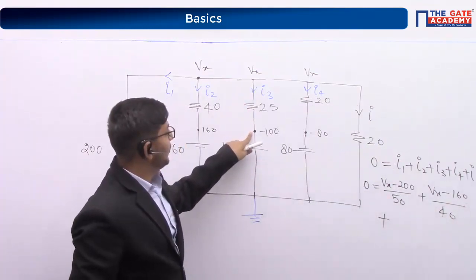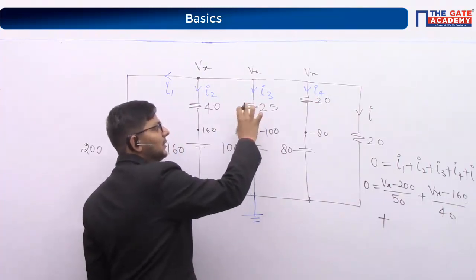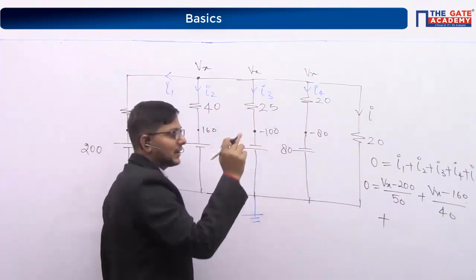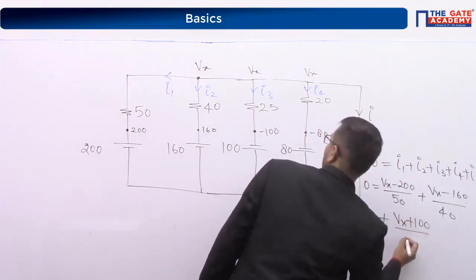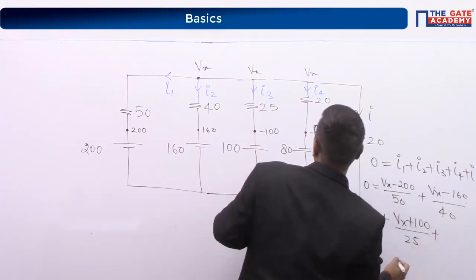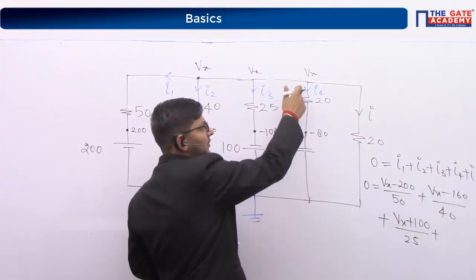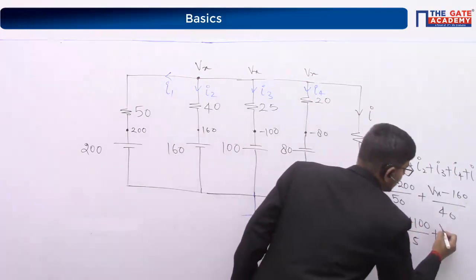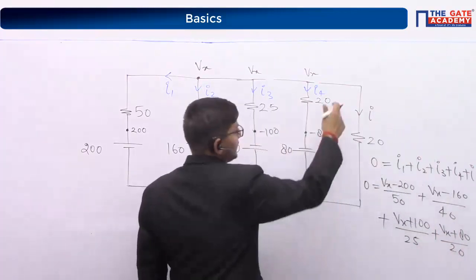Vx minus of minus 100, because this point voltage is minus 100. It will be Vx plus 100 divided by 25. And I4 will be Vx minus of minus 80, which is Vx plus 80 divided by 20.